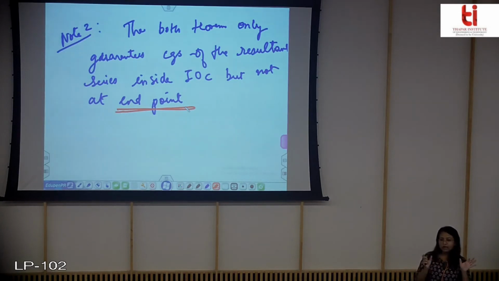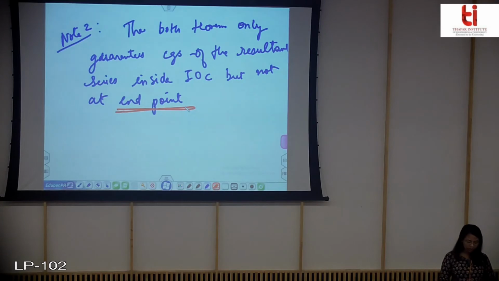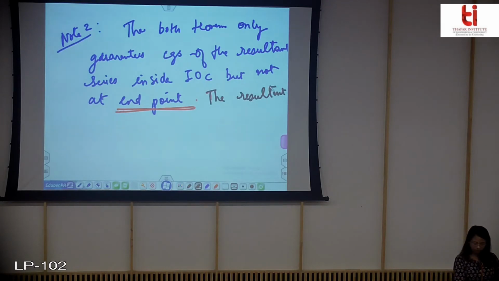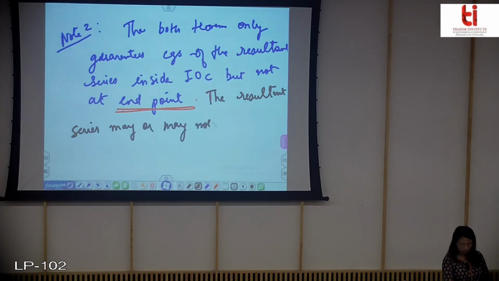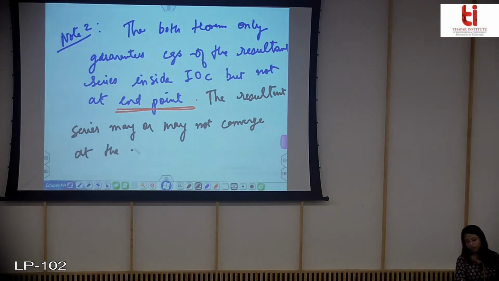But it doesn't say anything about the end points, whether the derived series will converge at the end points or not. So the resultant series may or may not converge at the end points, and it has nothing to do with the original series.